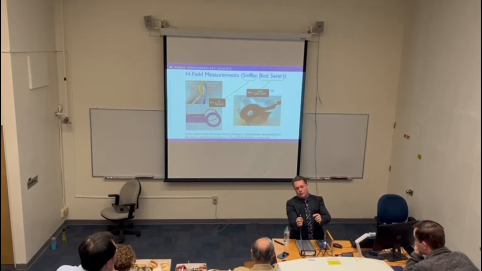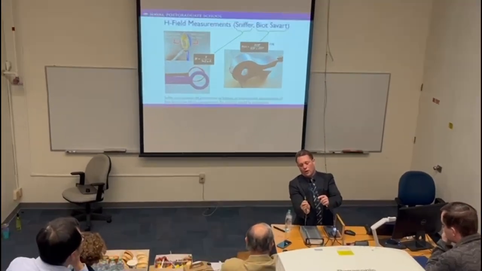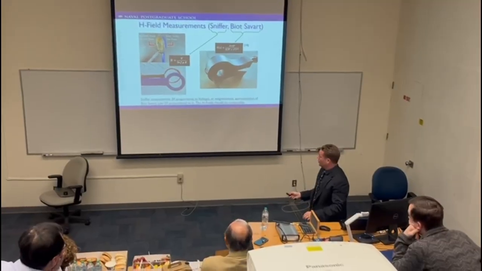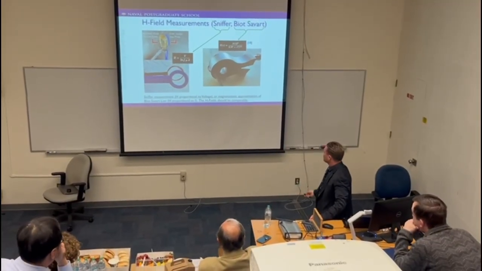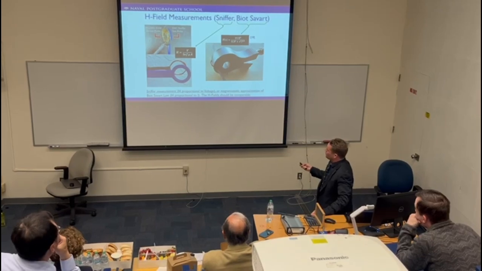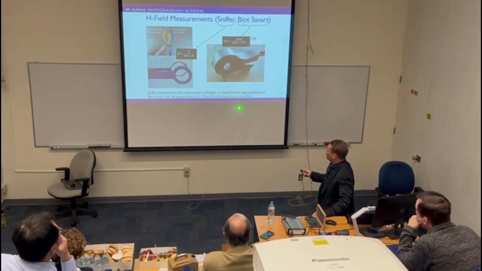So for instance here, if I have a field coming off this, I call this a sniffer. And so I'm actually sniffing it. It generates a voltage in the sniffer that I plug into that equation there, knowing the area and the frequency that I'm working at and all that good stuff. So they should be comparable, right? They're both measuring the H field around the loop coil.